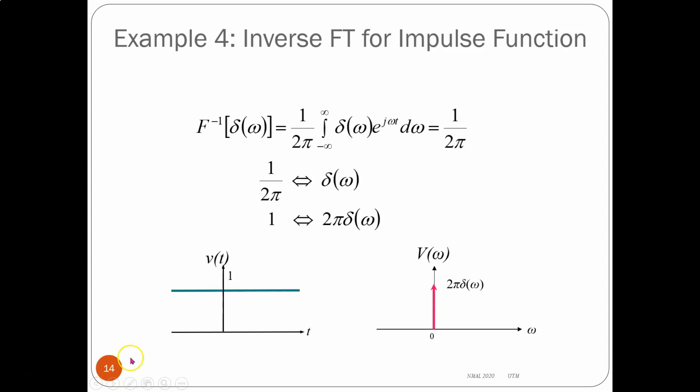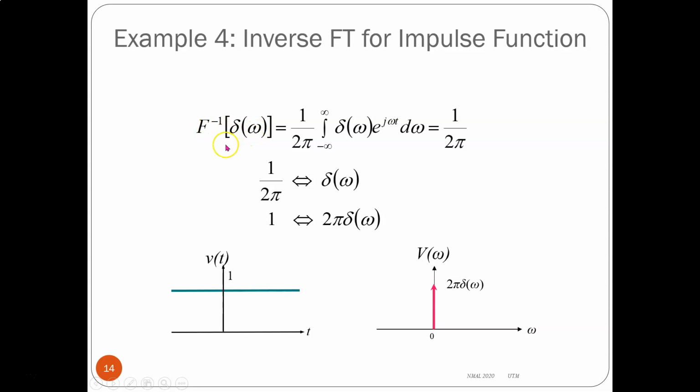And finally here we want to find the inverse Fourier transform for the impulse function. We just use the symbol F negative 1, which shows the inverse of Fourier transform, in the square bracket, because we want to find the inverse for the impulse function, so we put delta omega, which is in the frequency domain. So when you put the inverse Fourier transform, you cannot put in t here, because t refers to time domain.